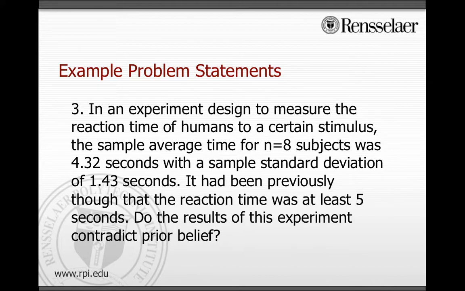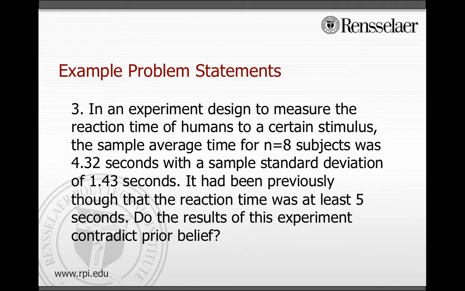Lastly, we'll look at a third example problem, an experiment designed to measure the reaction time of humans to a certain stimulus. The sample average time for n equals 8 subjects was 4.32 seconds, with a sample standard deviation of 1.43 seconds. It had been previously thought that the reaction time was at least 5 seconds.